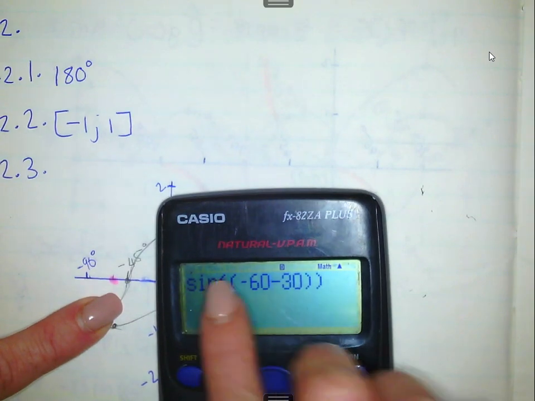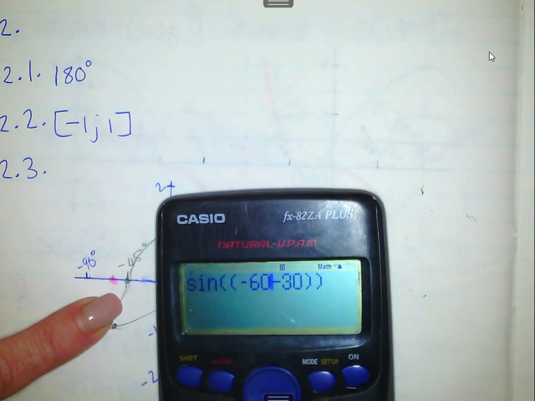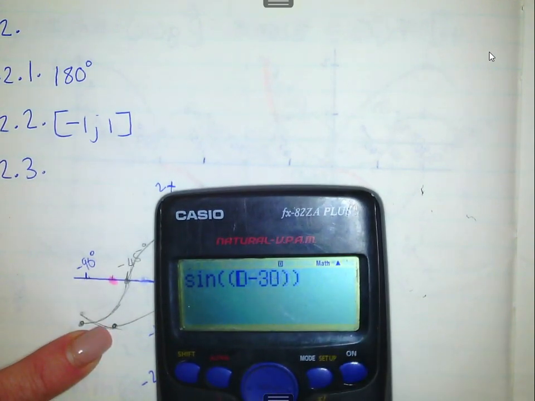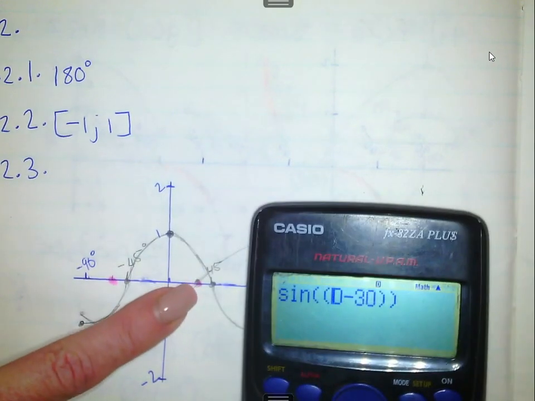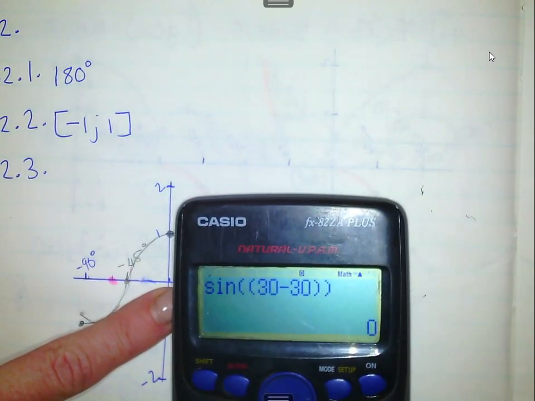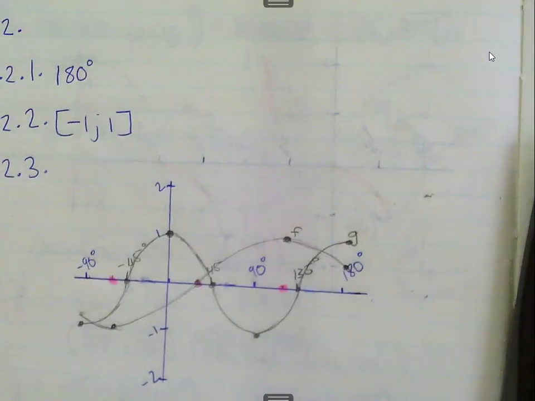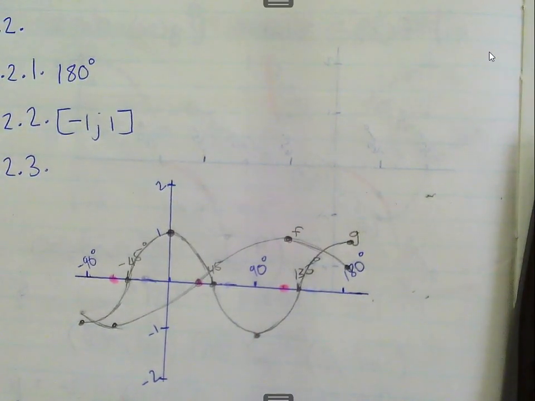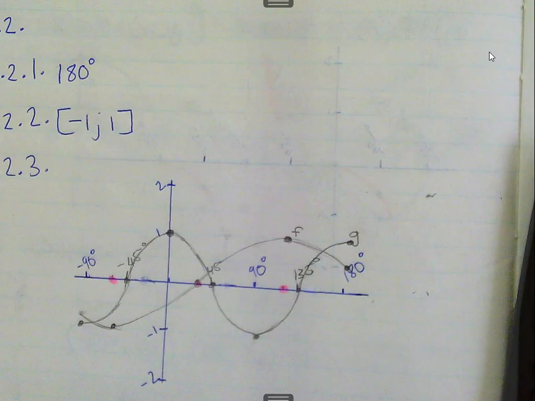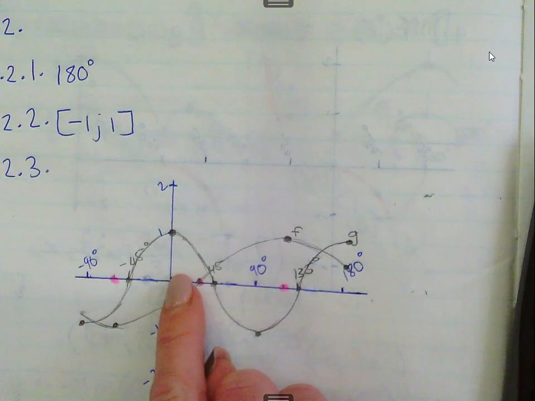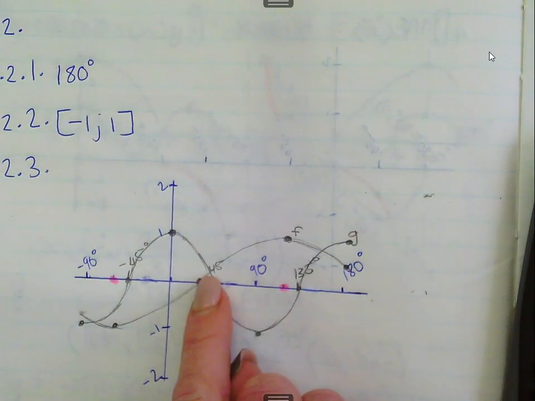So it's sin of negative 60 minus 30 gives me negative 1. And then not 0 but 30 degrees. It gives me 0. Do you understand? Can you see that? Listen, I want to say this, but I don't want you to be confused. Because the graph was shifted 30 degrees to the right, the value that's supposed to be at 0 and 0 is going to be at 30 and 0.